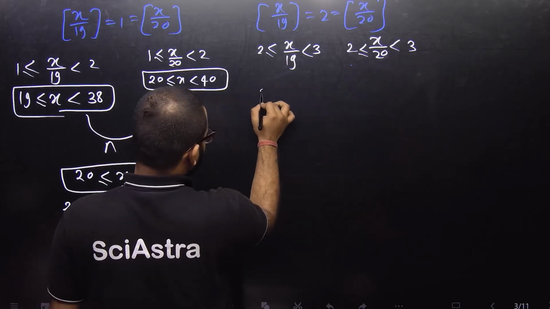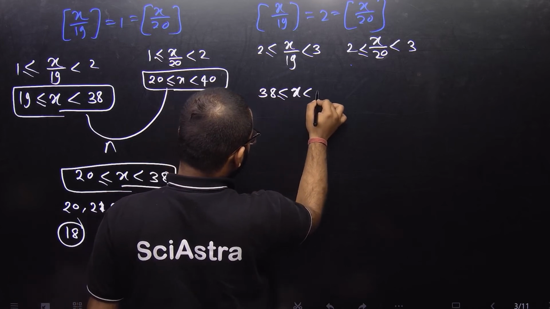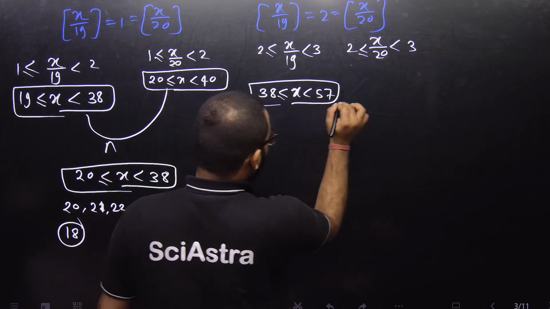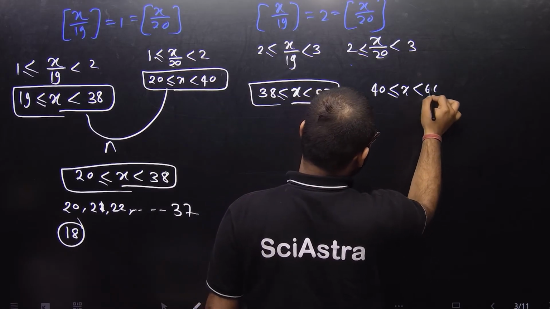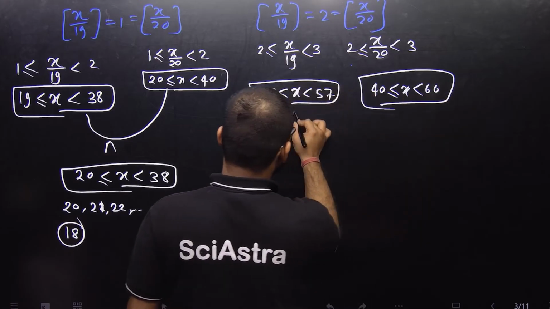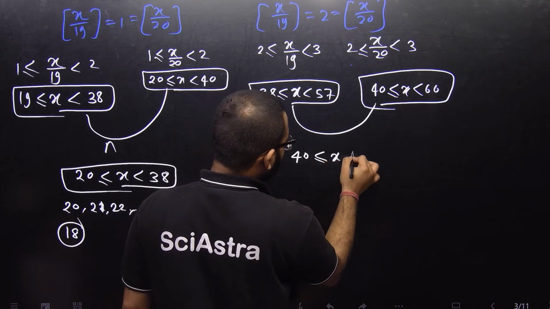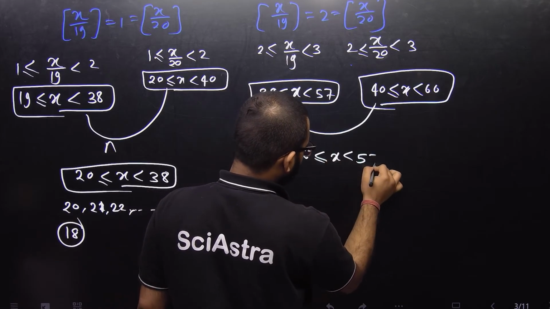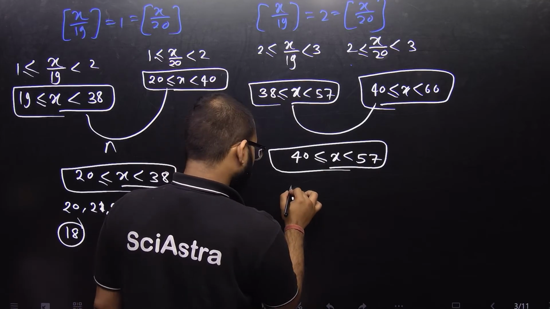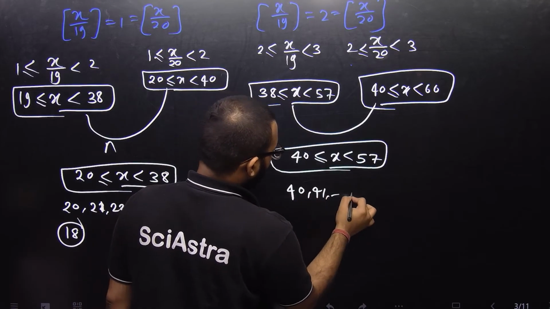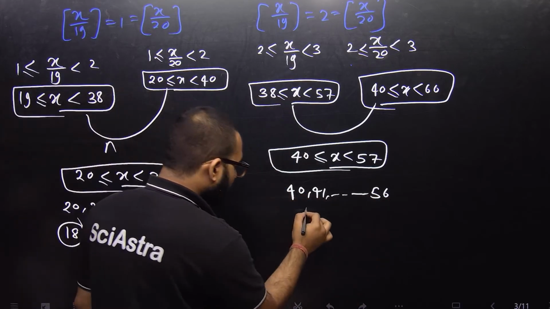All right. So x lies between 38 to 57 and also lies between 40 to 60. Now let's take the intersection. From the intersection we get x lies between 40 to 57 open. So the positive integers lying between are 40, 41 up to 56. So there are 17 positive integers.